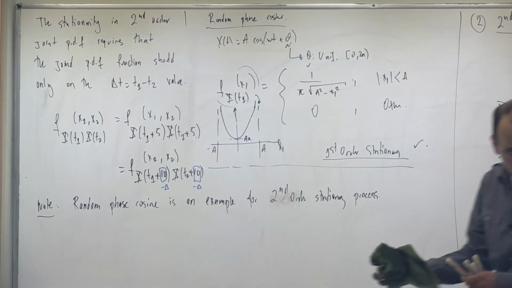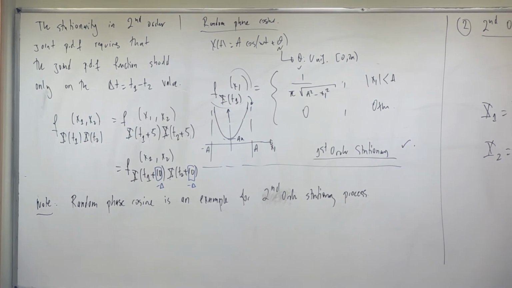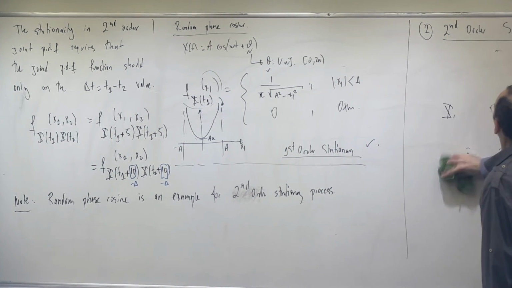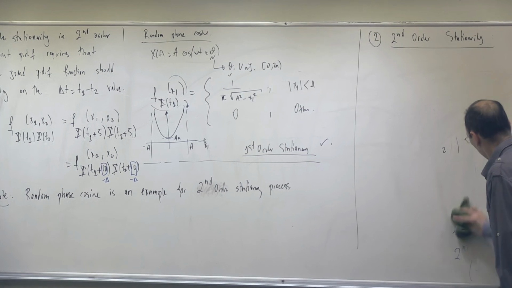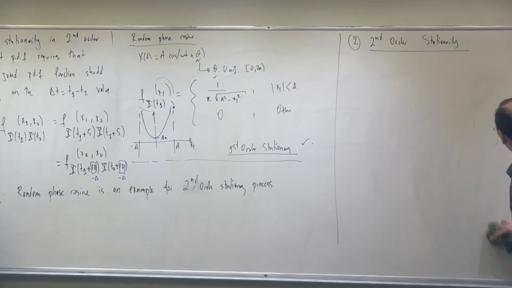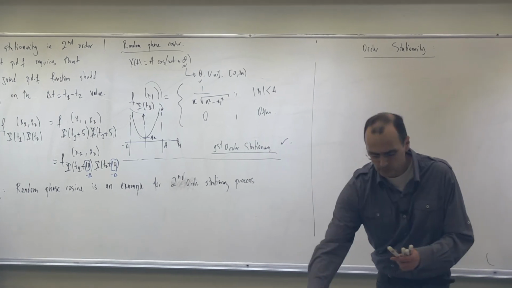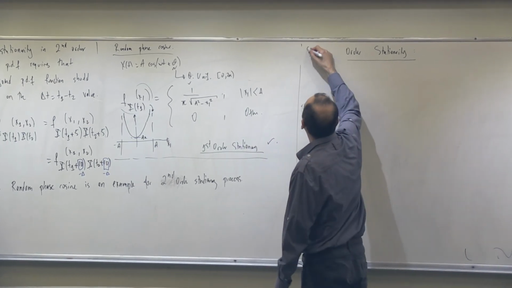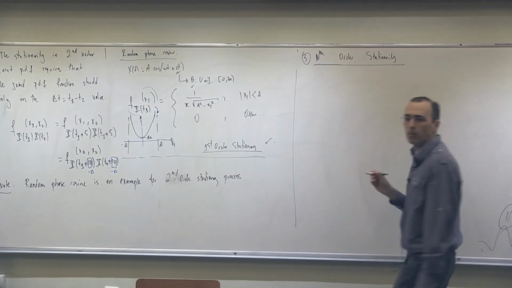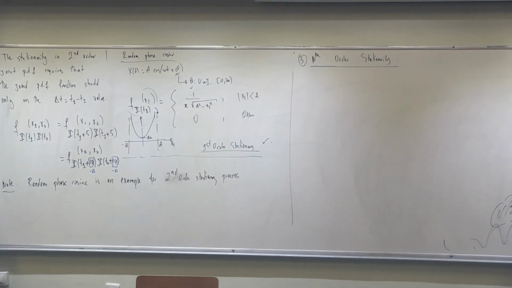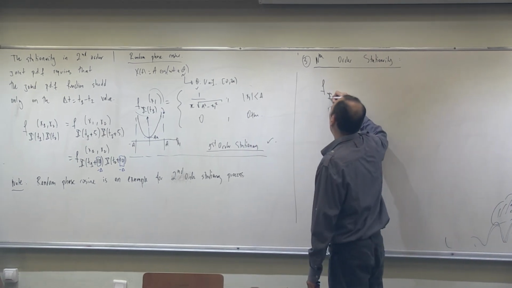But let me see. If I keep doing this, now I want to write something about number 3, nth order stationarity. Okay? First order, second order, nth order. Now, what do I mean by nth order? I think you get the idea.